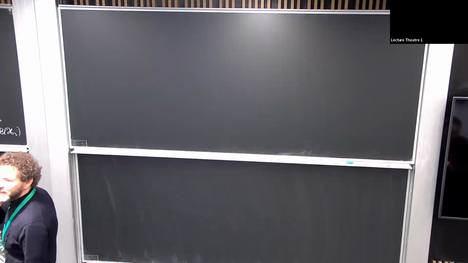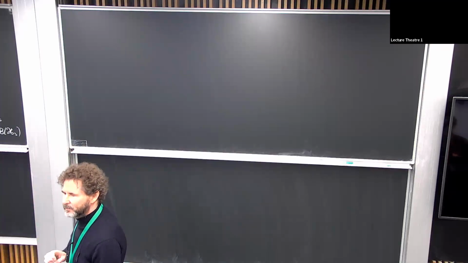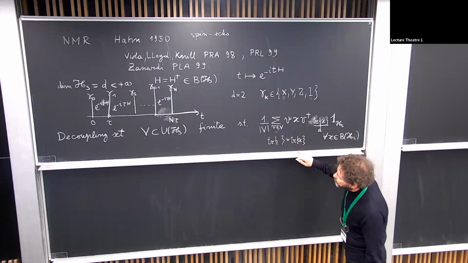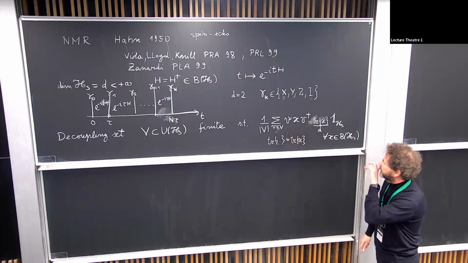Finding those is exactly equivalent to characterizing teleportation schemes or dense codings. It's related to one design. Exactly, it's one design. So this is what you require on the decoupling set.